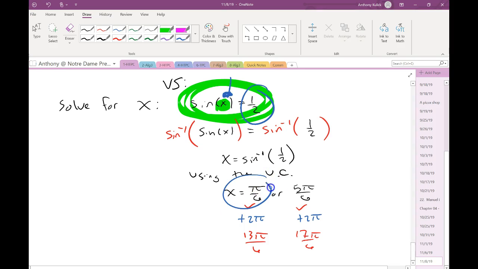We can find them by using the inverse, or the unit circle, to locate the values that we're interested in. And then we can just keep adding 2 pi to those answers to generate infinitely many of them. So you don't have to obviously write them all because there's so many.